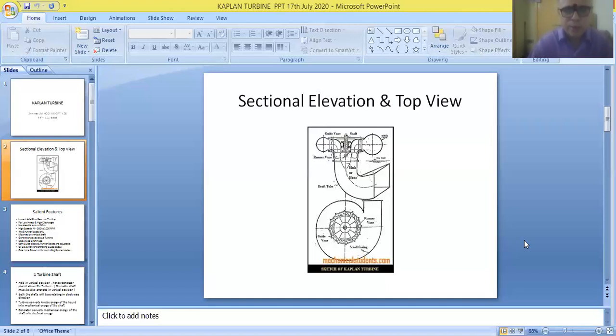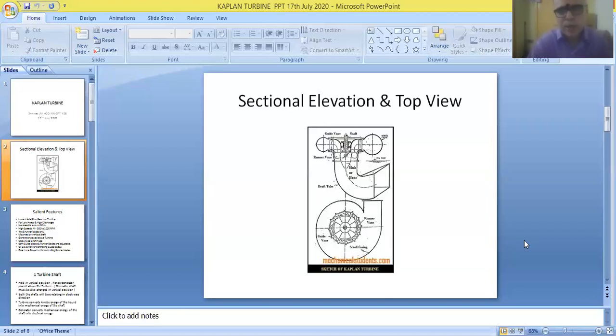So the first one called as guide wheel, and blades fitted to the guide wheel referred to as guide blades. So these items put together, it is referred to as a guide wheel mechanism.